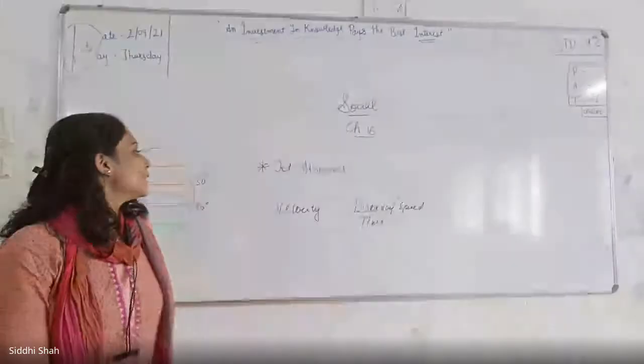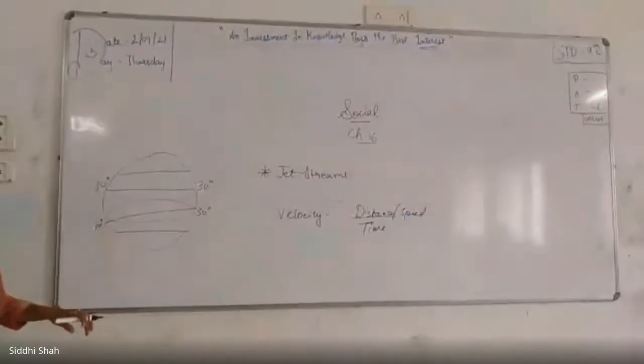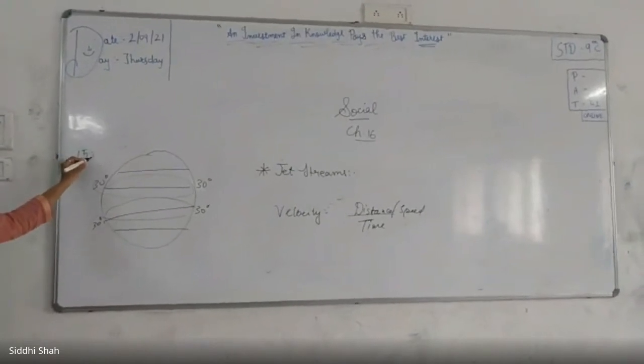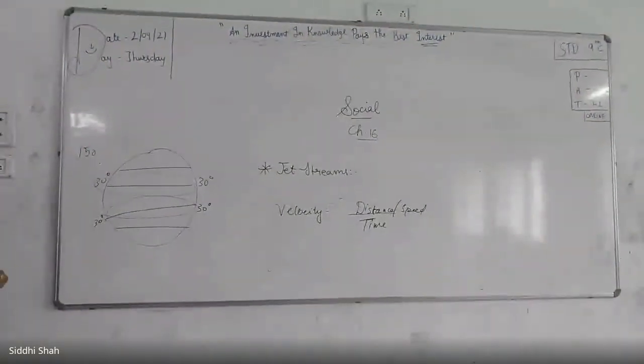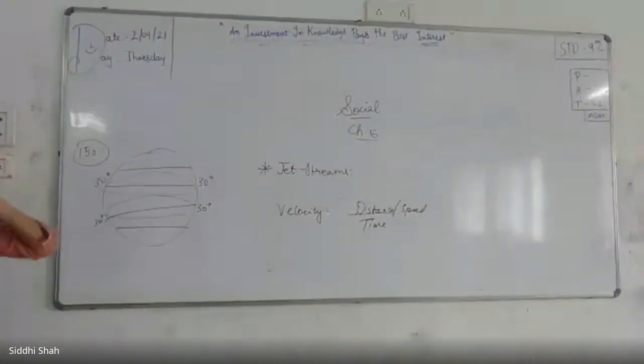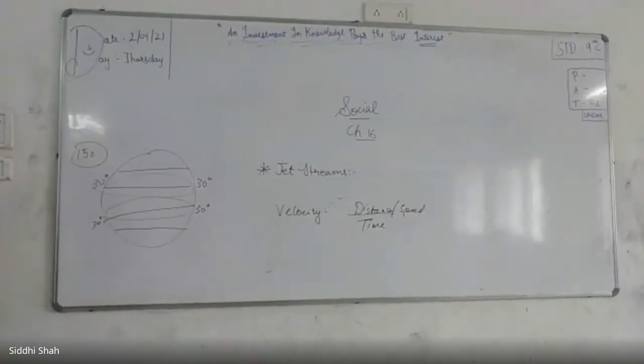So the average velocity will be how many kilometers per hour? 150 kilometers per hour. So in 1 hour, 150 kilometers should be covered. Clear?